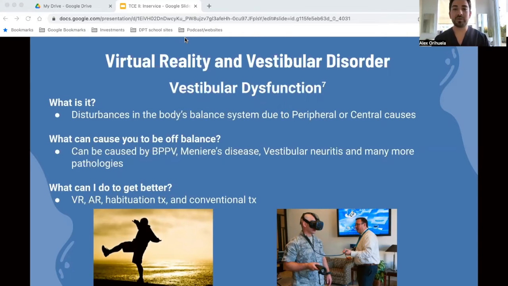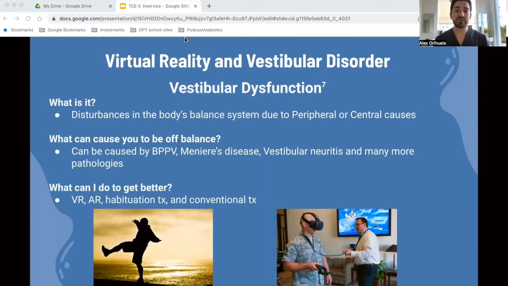Now that we talked about Parkinson's disease, let's talk about virtual reality and vestibular disorder. Virtual reality can help manage vestibular disorders. As we know, vestibular dysfunction is a disturbance in the body's balance system due to peripheral or central causes. The symptoms of peripheral and central vestibular dysfunctions can overlap, and a proper physical exam can often help differentiate between the two.